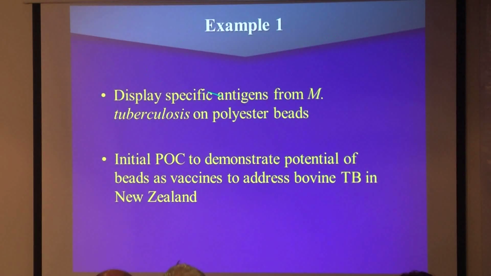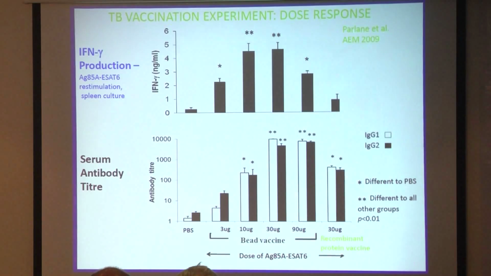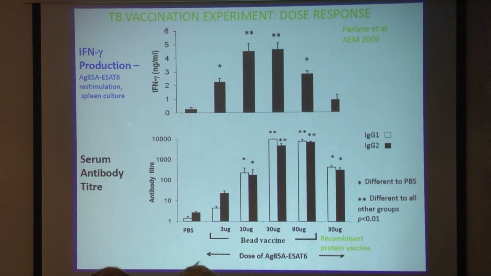So example one is the Mycobacterium tuberculosis on polyester beads. We took the famous ESAT-6 and Ag85A and went on to obtain proof of concept. And here you can see that's the IFN gamma release. And I should actually explain here the x-axis where we have the beads displaying the antigens, and this is the antigen amount compared to the free antigens, the recombinant proteins.